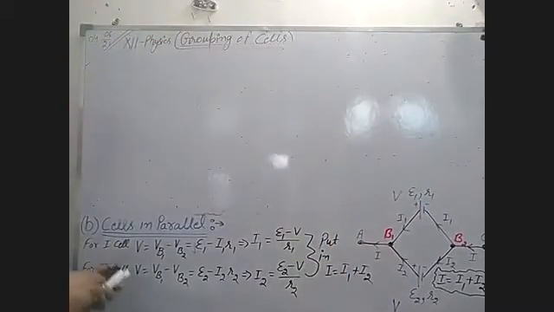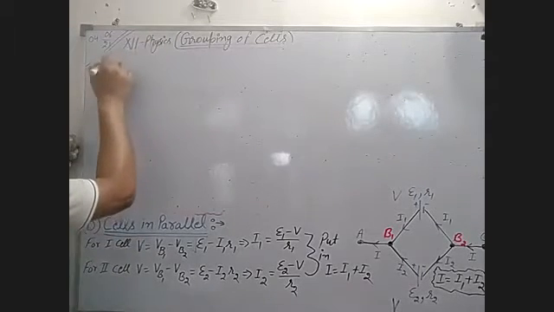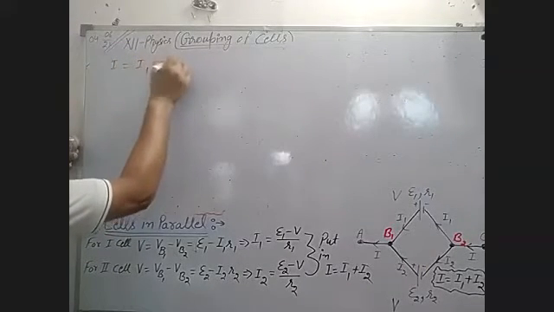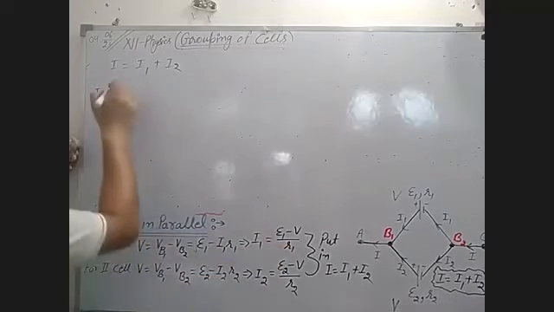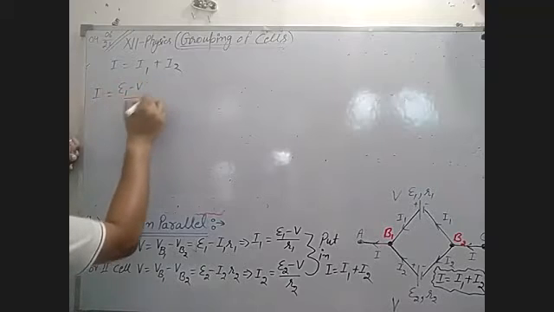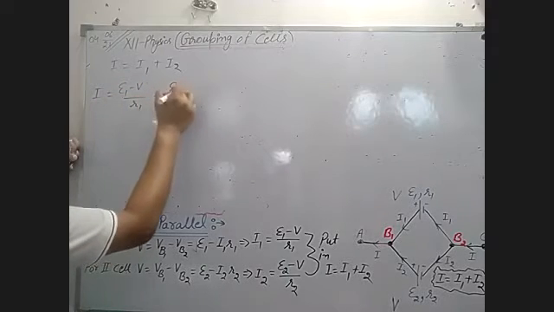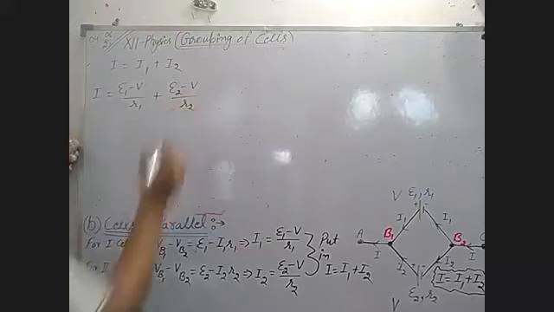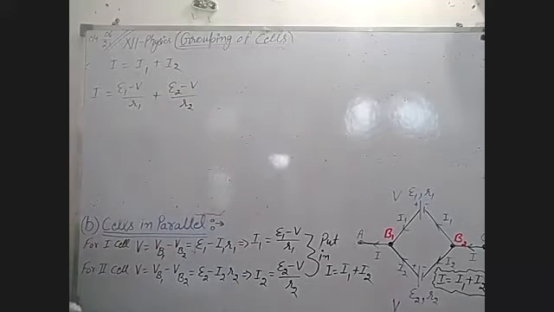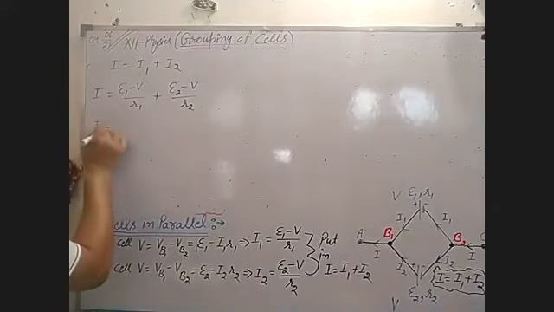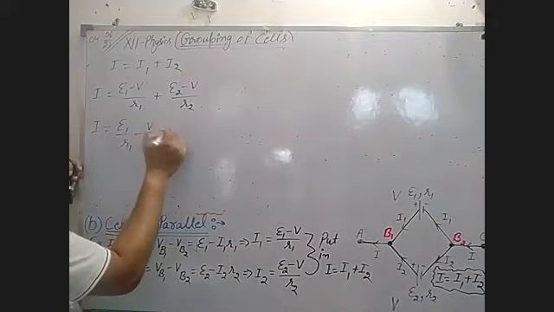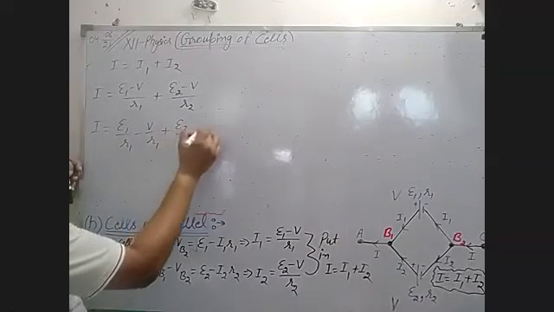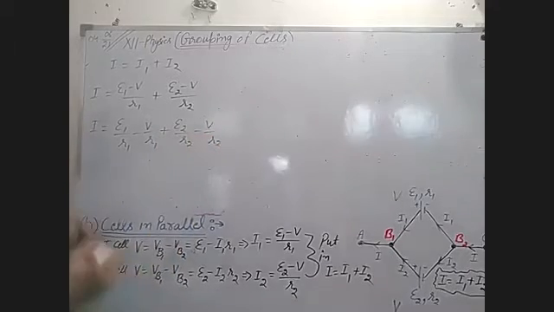Now put in I is equal to I1 plus I2. I is equal to E1 minus V upon R1 plus E2 minus V upon R2. In this way, you can write this equation. Now, write separately: I is equal to E1 upon R1 minus V upon R1 plus E2 upon R2 minus V upon R2.